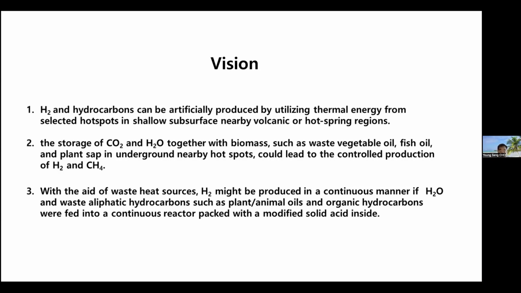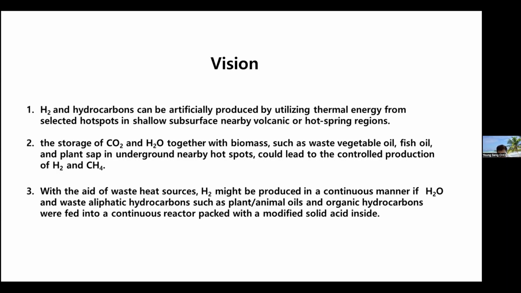I think the conclusions of this study suggest that hydrogen and hydrocarbons can be artificially produced by utilizing thermal energy from selected hotspots in shallow subsurface, nearby volcanic or hot spring regions.